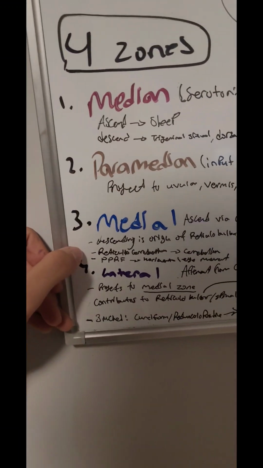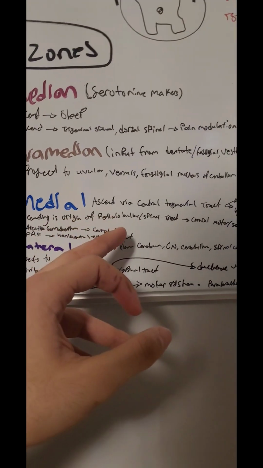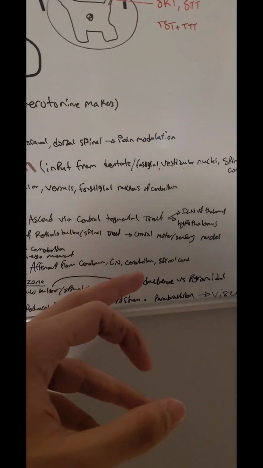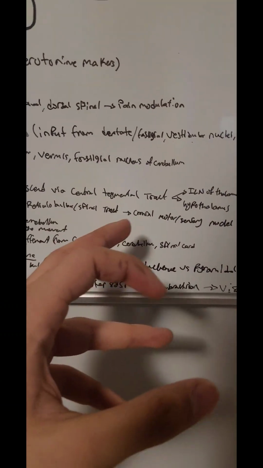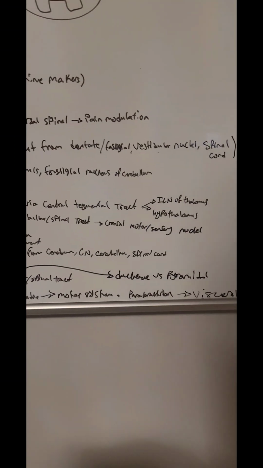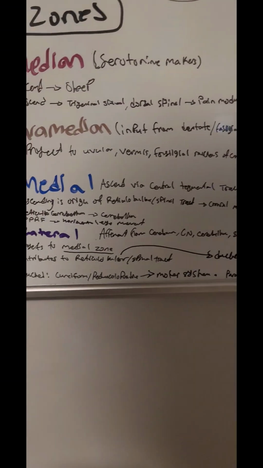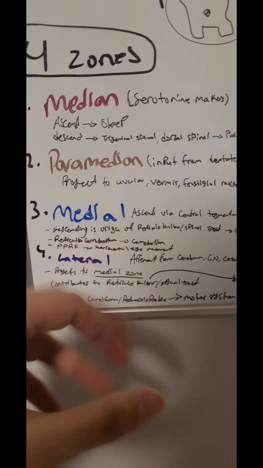It also has descending fibers that give rise to the reticulobulbar and the reticulospinal tract, which are for controlling cranial motor and sensory control. And they also have reticulocerebellar fibers that go to the cerebellum.